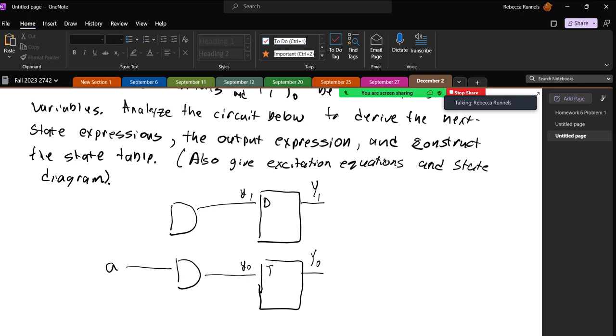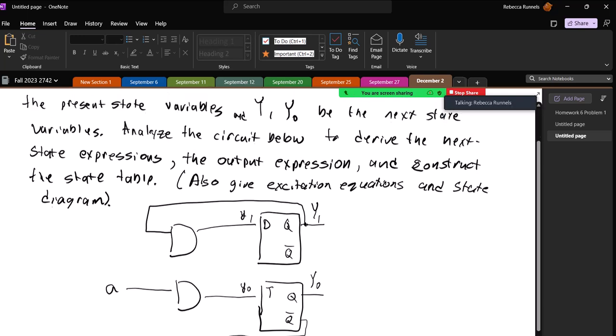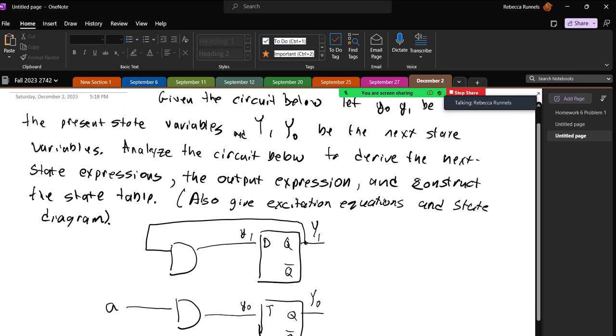And we have this. It's Q bar, Q bar, and oh, you know what? I actually have this backwards. This is actually the present state right here, and this is actually the next state.